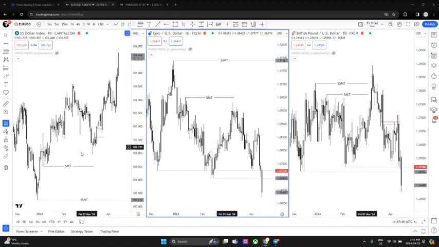The dollar, right? We traded close to here, but we didn't go there. This was SMT, and the only reason why this was SMT and this was considered sequential SMT, why? It's due to the fact that we had everything here happening within the British pound.